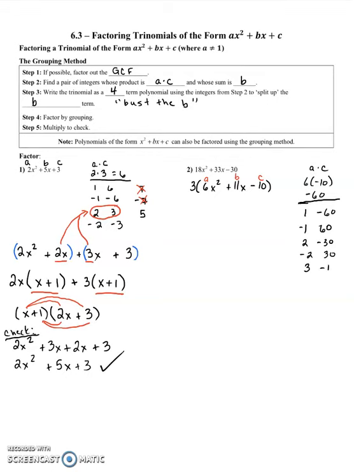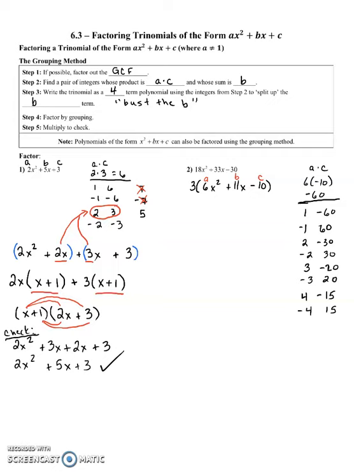3 and negative 20, negative 3 and positive 20, 4 and negative 15, or negative 4 and positive 15.